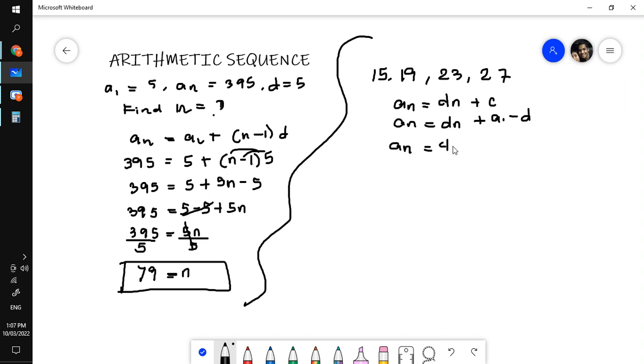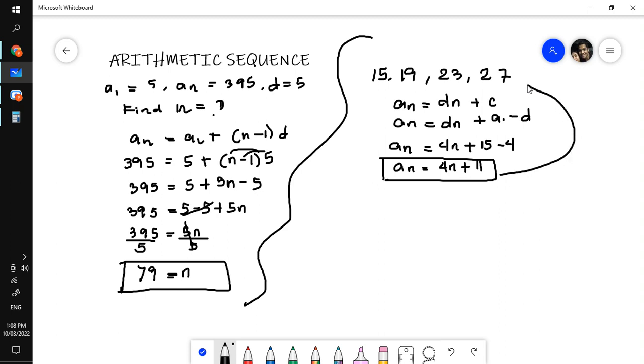So we have here 4n plus our a sub 1, that is 15, minus our common difference d, which is equal to 4. So we have here a sub n equal to 4n plus 15 minus 4, that is 11. This means that the formula for this particular sequence is just equal to a sub n equals 4 times n plus 11.